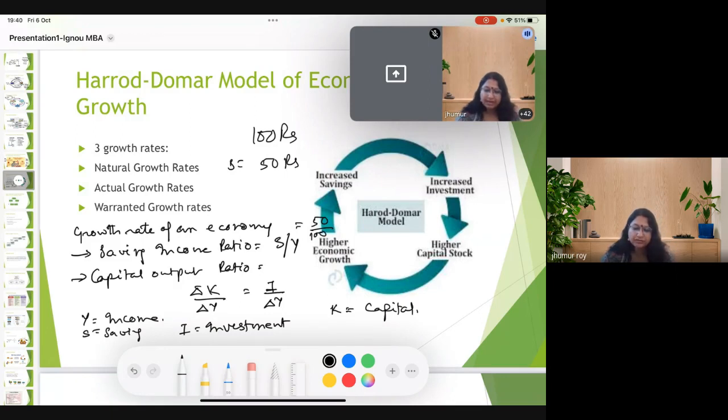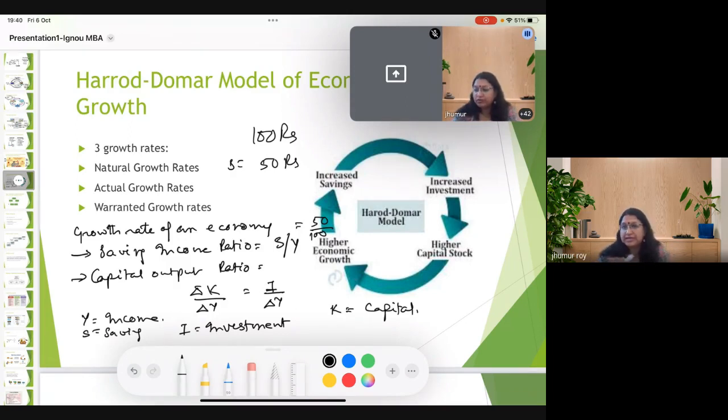Similarly, if the change in capital is 50 rupees and the change in income is also 50 rupees, your investment ratio will again come out to be 50 rupees. So the saving ratio and the income ratio are very important to determine the growth rate of the country.